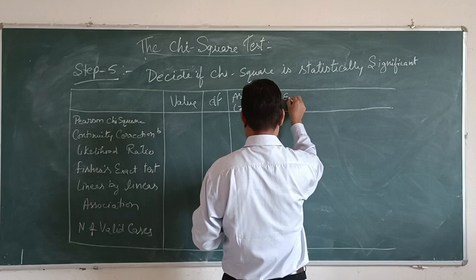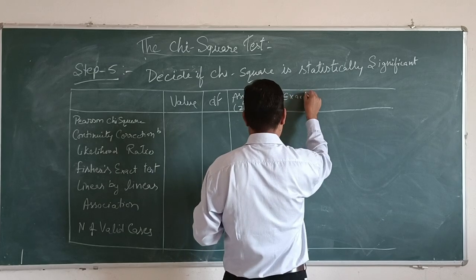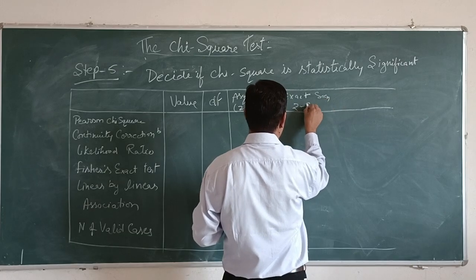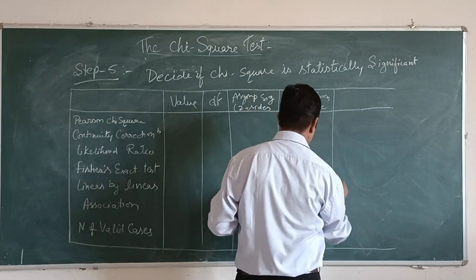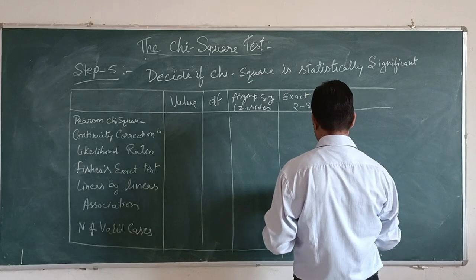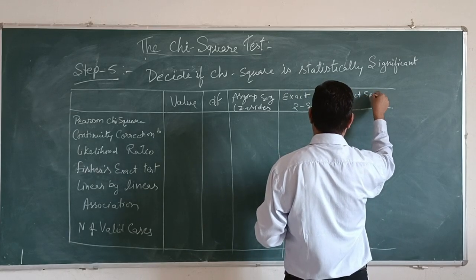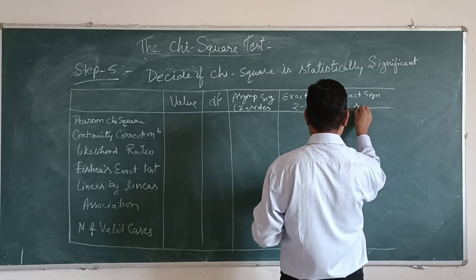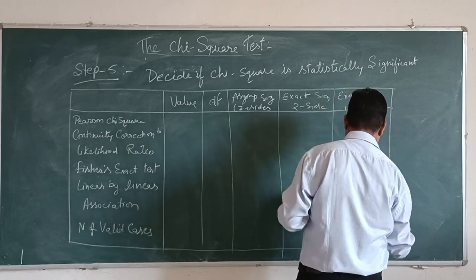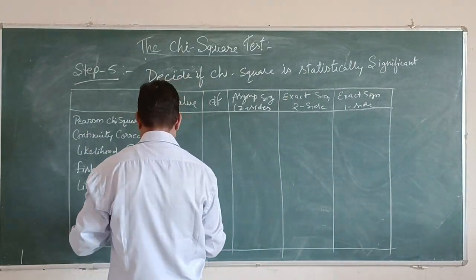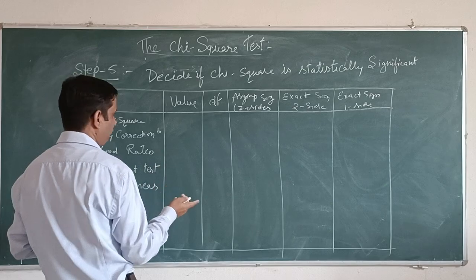Next one is exact significance, two-sided. Next one is exact significance, one-sided. Okay, for that we can put the values.